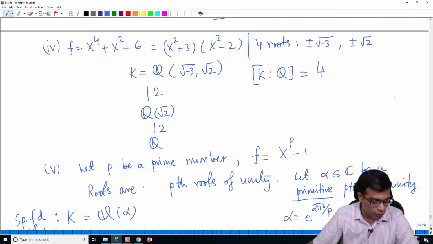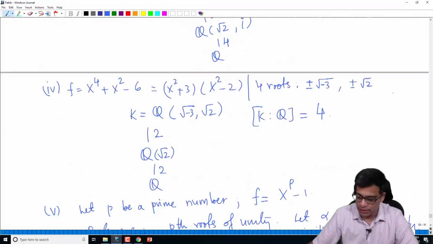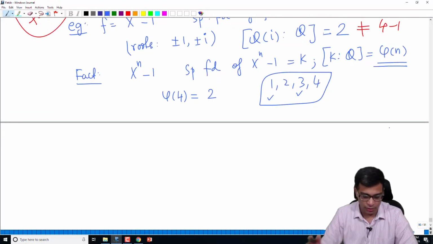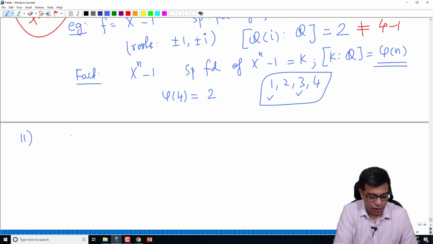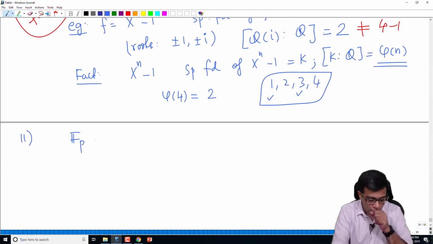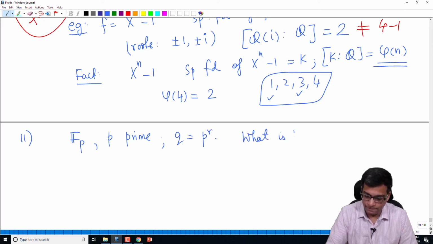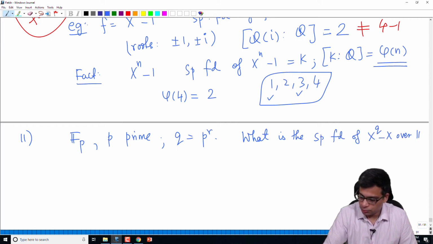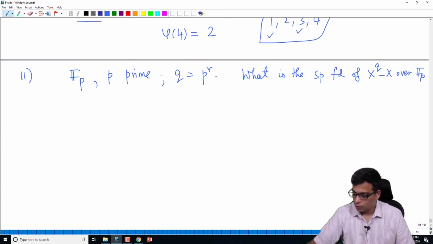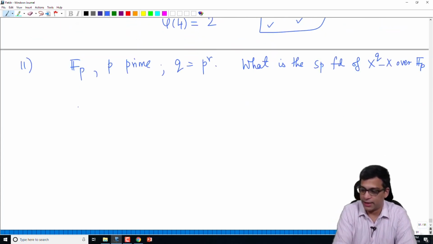So one final problem, just to give you an example of splitting fields in characteristic p. Let's take Fp, the field with p elements, p prime. Let's say q is p^r. What is the splitting field of x^q minus x over Fp?